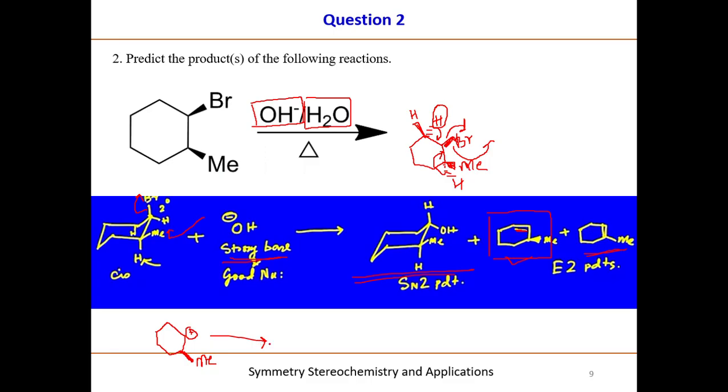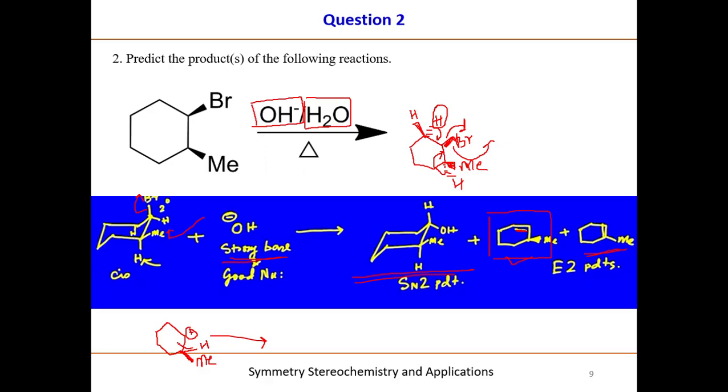As I told you, after carbocation formation, the nucleophile will attack from either back side or front side. Because carbocation stability matters in an SN1 type reaction, what will happen? The proton of this carbon will migrate here.